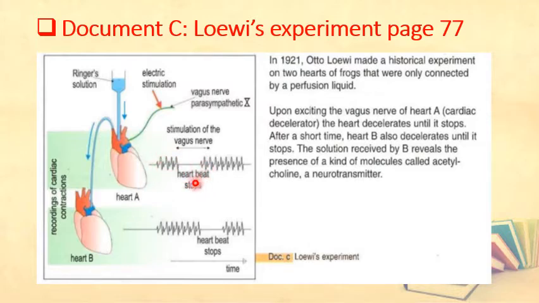This was revealed by heart B because the same result appeared on heart B when acetylcholine passed from heart A to heart B through Ringer's solution.